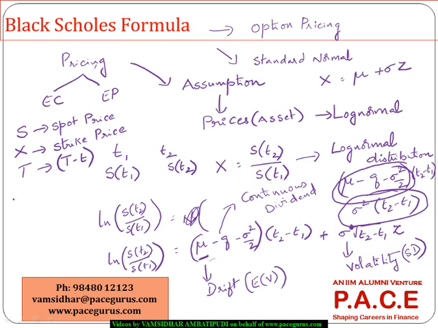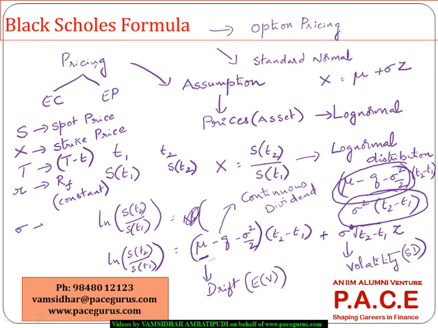Then I am looking at R, which is the risk-free rate, and as a part of this Black-Scholes formula, this particular risk-free rate is assumed to be constant over the life of the option. So if I am saying my option is a 3-month option, then over the entire 3-month period I am assuming that the risk-free rate of interest is going to be constant.